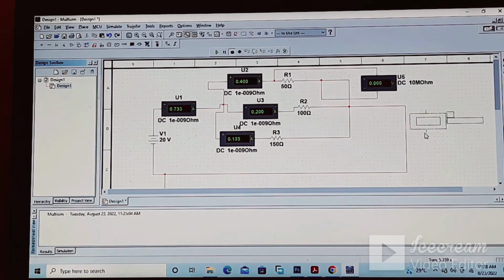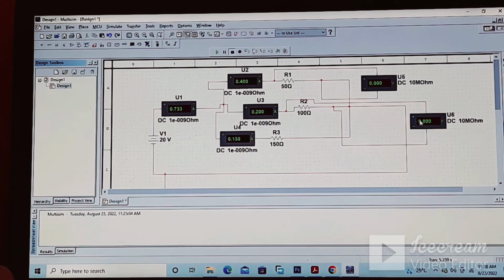And this voltmeter will give us the voltage across the R2 100 ohm resistor, and the third voltmeter reading will give us the voltage across the R3 resistor.